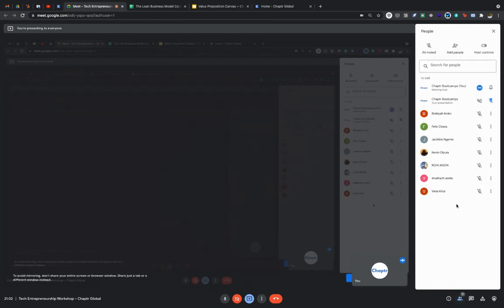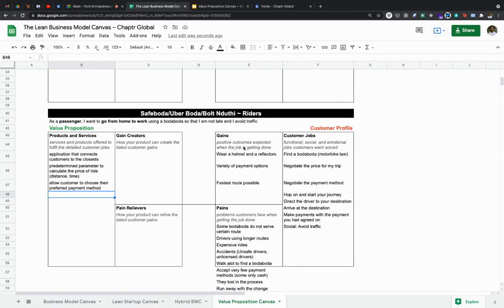Is Felix still on the call? Yeah, go ahead. For me, I think I will incorporate Google Maps. Awesome. I like that. So incorporate Google Maps to guide driver and passenger to the destination. Very good way to think about it.